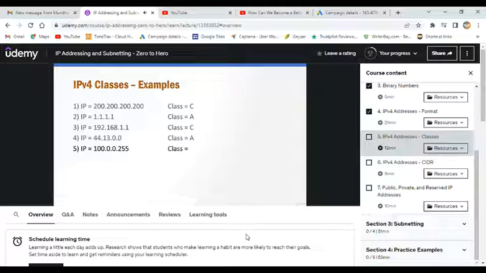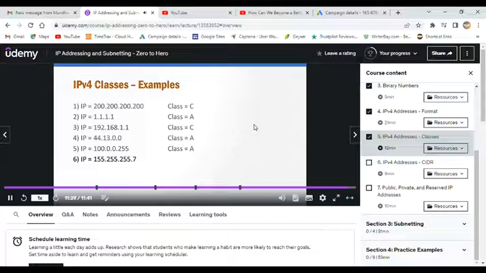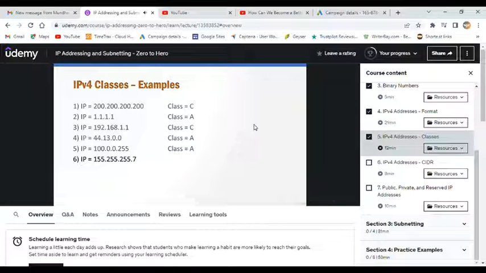This is also class A. And the last example would be 155.255.255.7. So the first octet is 155. Class A is between 1 and 126. Class B is between 128 and 191. So this IP belongs to class B.